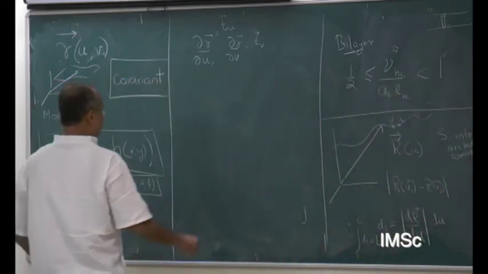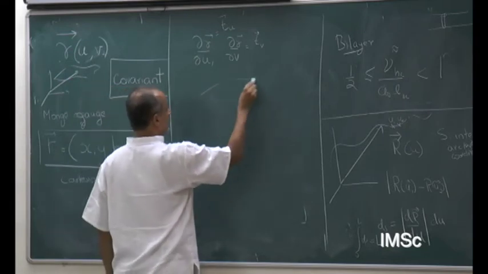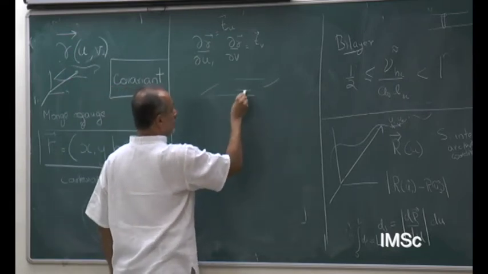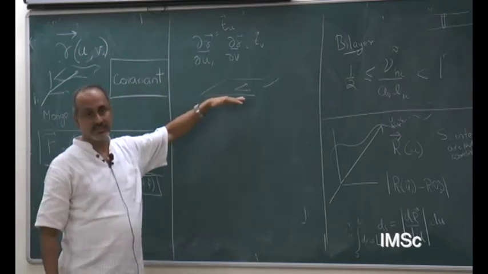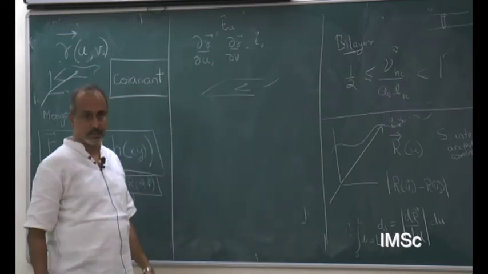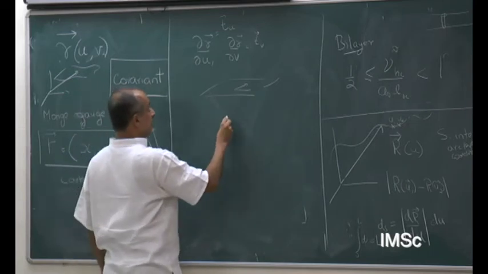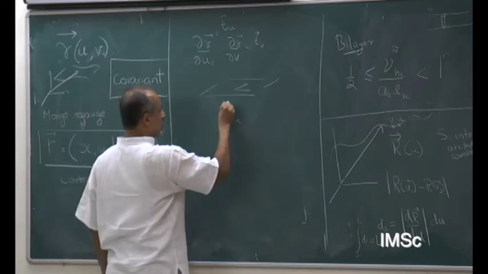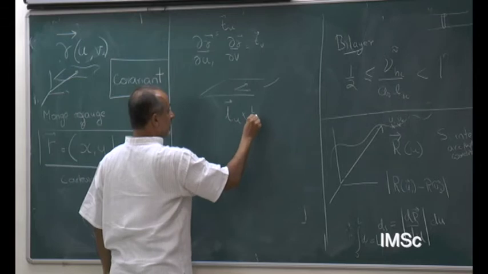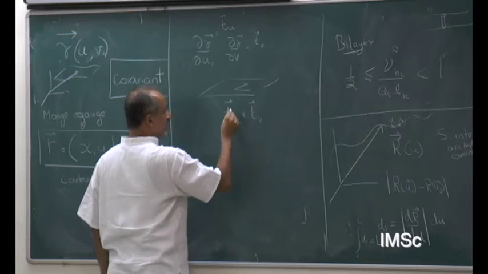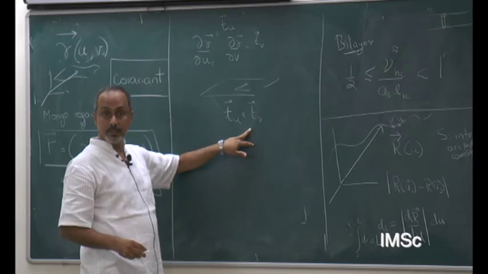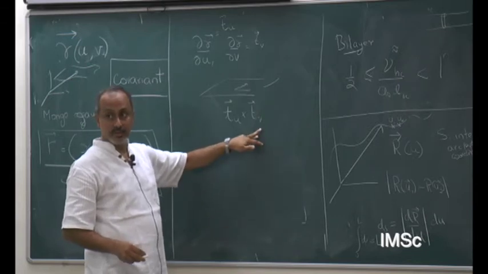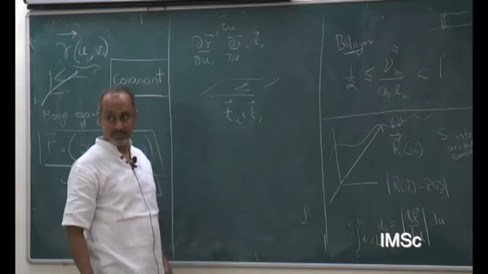Okay. Given 2 vectors tu and tv that are tangent to the surface that I am considering at a particular point, I can always make another vector which is tu cross tv, and this vector is perpendicular to both these vectors, because the cross product of 2 vectors is always perpendicular to both of those vectors.